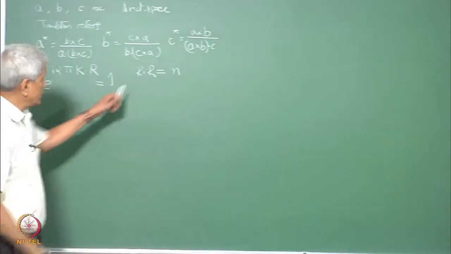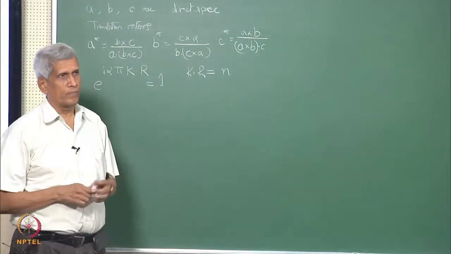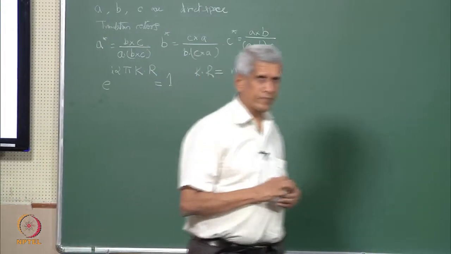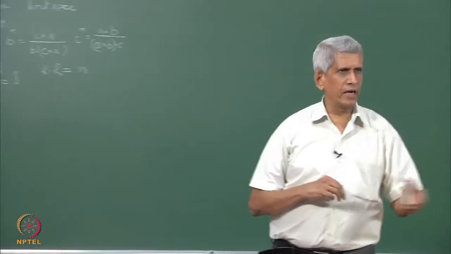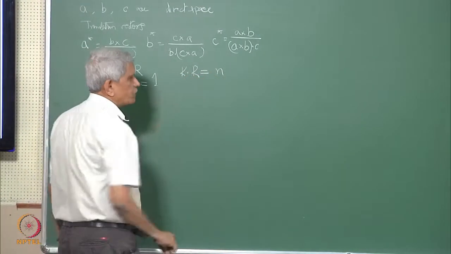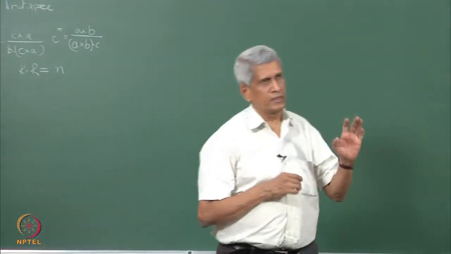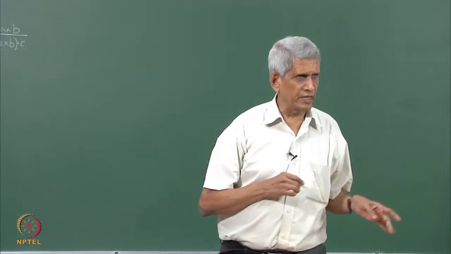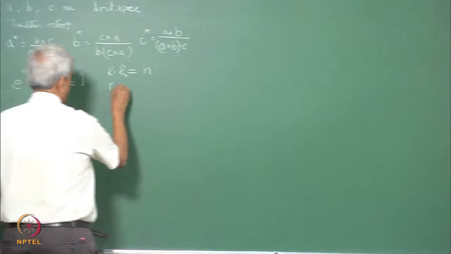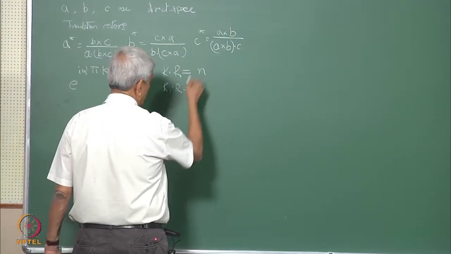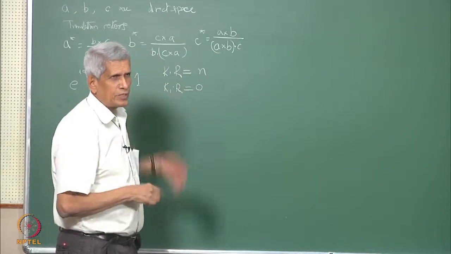From this relationship, what one can make out is that for every vector k in reciprocal space, there is a set of vectors in real lattice in different planes which satisfy this condition. It could be that k1 dot r is equal to various values, 0, 1, 2, 3, any value it can take.